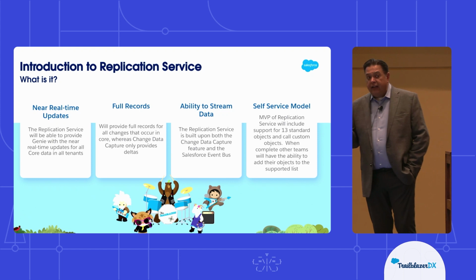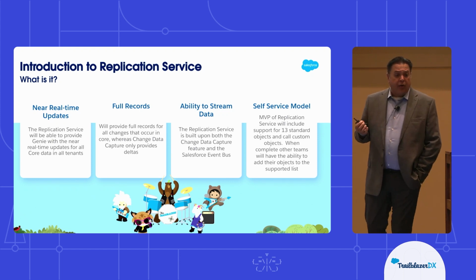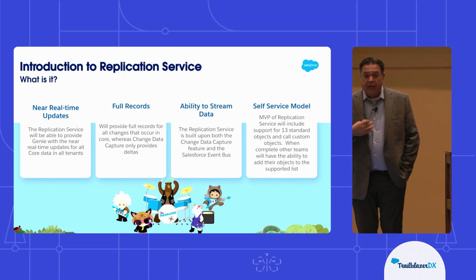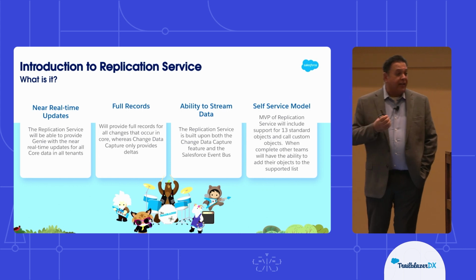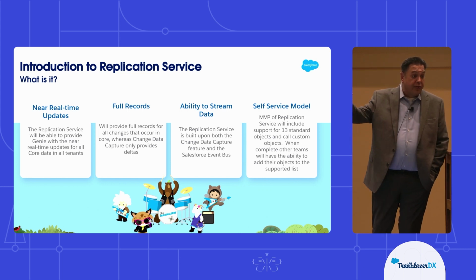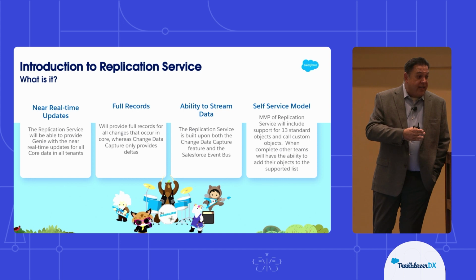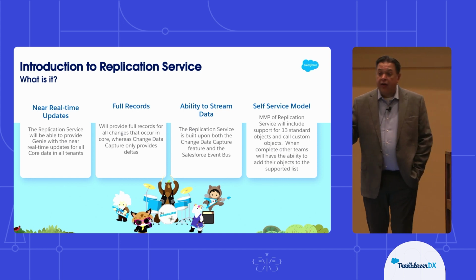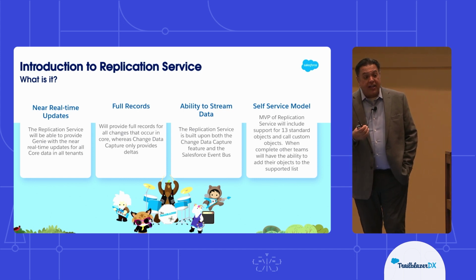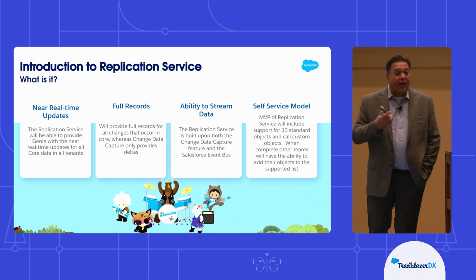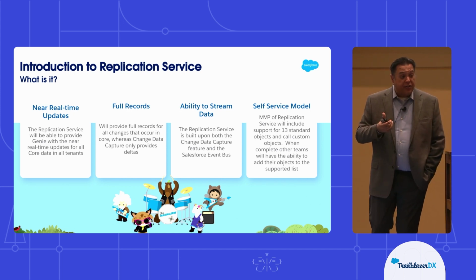And finally, I'll give you a little idea of some skunk works that we're working on with the change data capture team. We're working on this thing called the replication service. Now this is a little bit more future-looking. It's not out yet, but I have, again, other customers that are using change data capture, but they want to be able to get full records. Today, when you do change data capture, the only thing that gets sent in the event are the fields that changed.